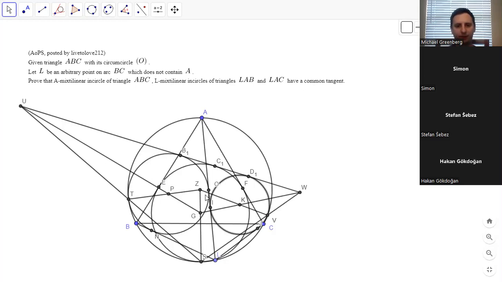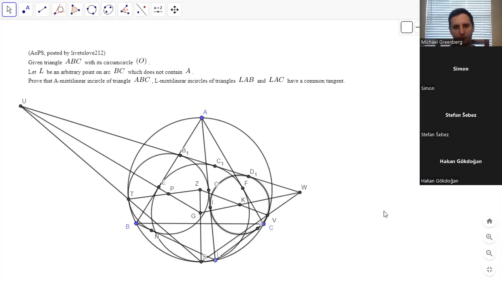So let's say we had the insimillicenter of these two circles. So that point, PK and A1 are collinear, and they're in harmonic conjugation. And then maybe we could project through G onto UW.